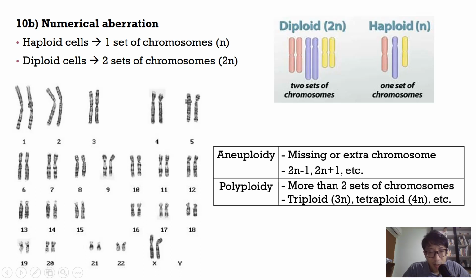Polyploidy means there are more than two sets. If the normal is two sets, then if there are 3 sets or 4 sets, that's polyploidy. For aneuploidy, it is not the complete set that is changed, but just one or two chromosomes within the set. So if there's a deletion of one whole chromosome, then for an original diploid 2n, one less chromosome is 2n minus 1. If one additional, then 2n plus 1, and so on.